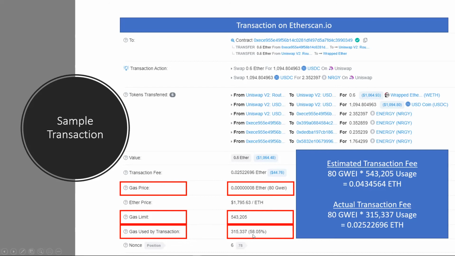But you'll notice only 58% of that estimated usage was needed to process this transaction. Now, in this case, there were a number of things going on. This was to a smart contract. So it estimated that with all of the things it has to do, it's going to cost over 500,000 in usage. It ended up being 315,000. So in this case, the actual payment was 0.02 instead of 0.04 Ethereum.